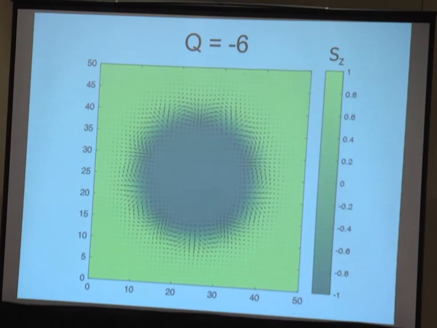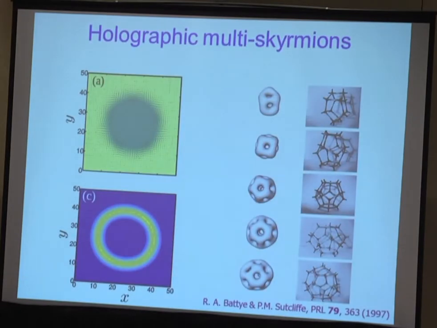And that's because easy axis anisotropy likes to minimize the area where the spins lie in the plane. So this is this droplet Skyrmion, and this is a distribution of the topological charge density.